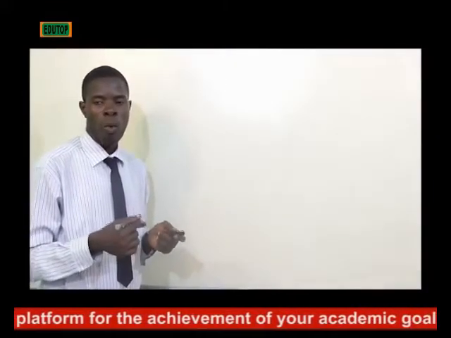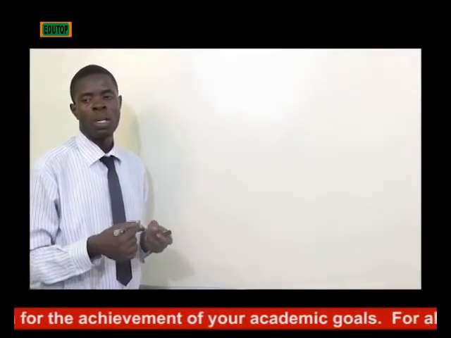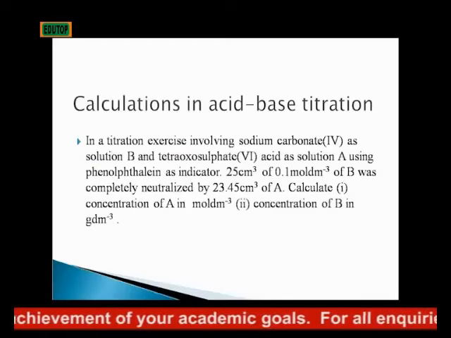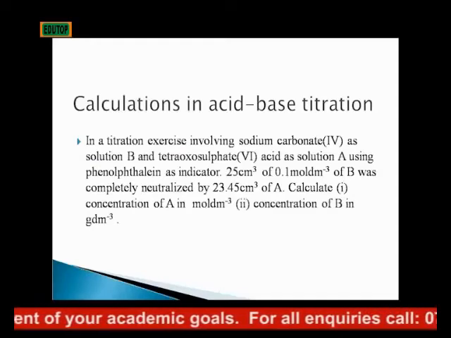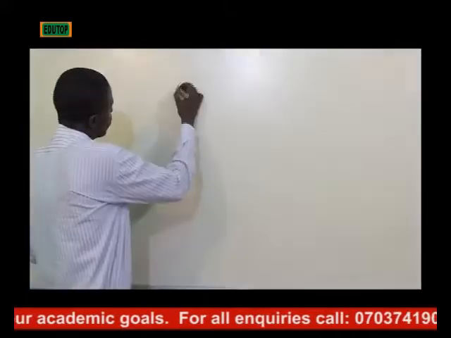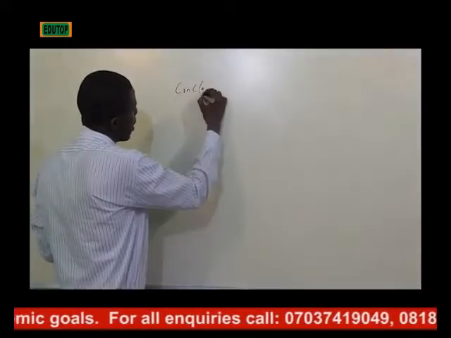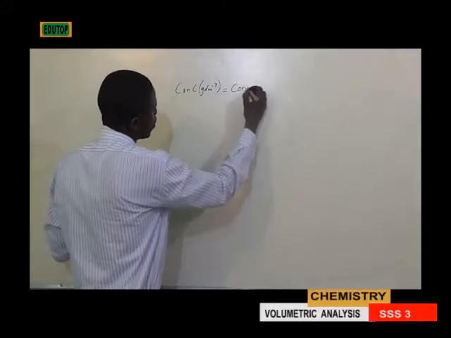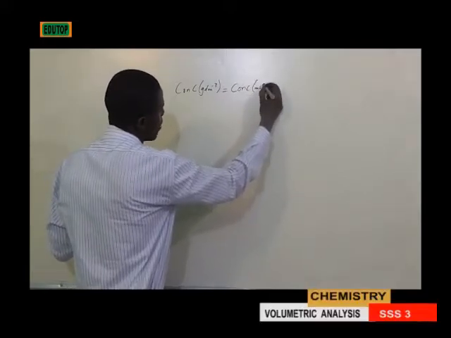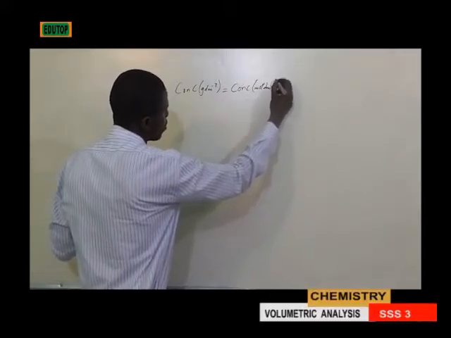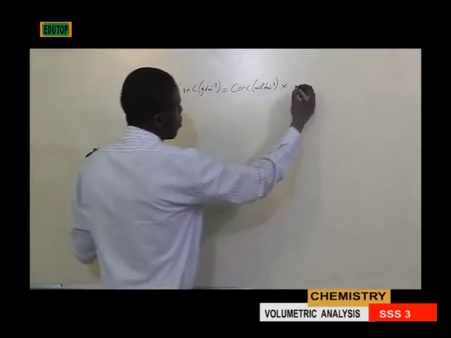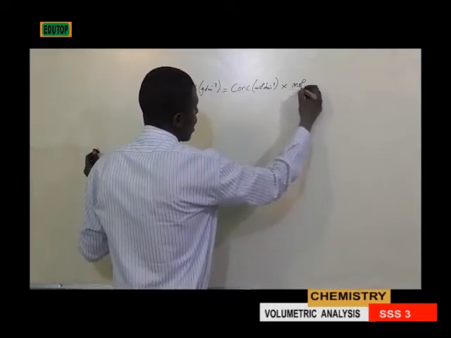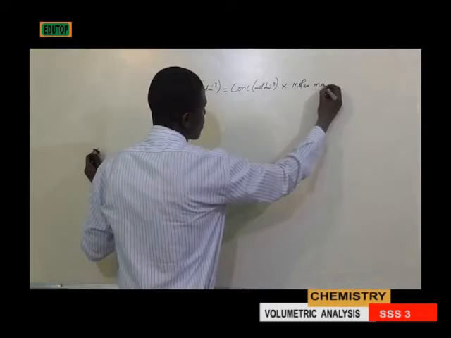Question 1, Roman figure 2: the concentration of B in gram per dm³. It has been established that concentration in gram per dm³ is equal to concentration in mole per dm³ times molar mass.